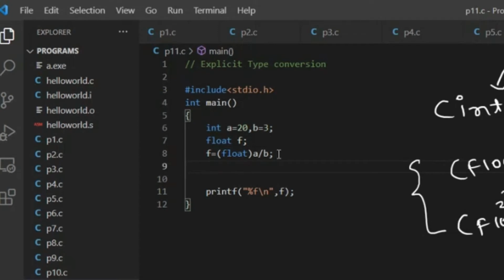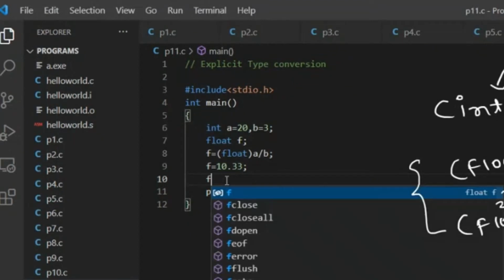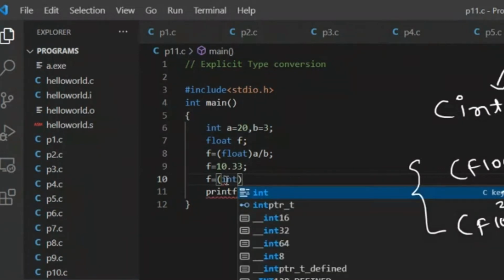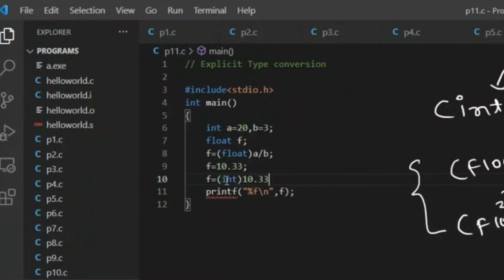Suppose I store here f is equal to 10.3, and the situation is that I want my float value in the form of integer. I don't want the point value that is available there. So what will we do? f is equal to integer 10.3.